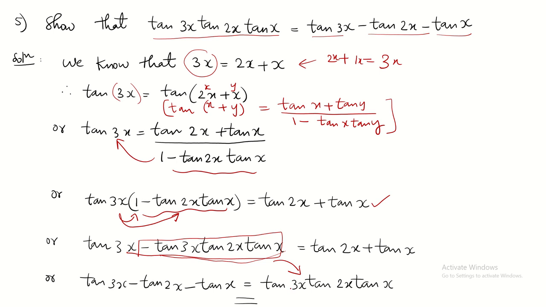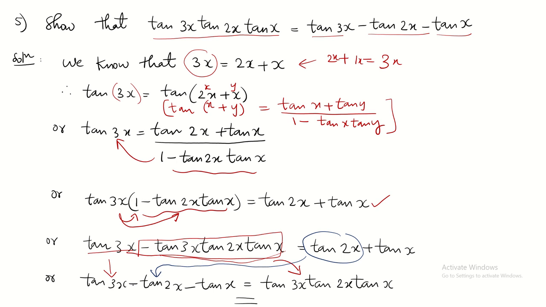So this side it is clear. Now I have to check for tan 3x minus and minus it should be. So here I already have tan 3x. I wrote it here. This plus tan 2x. This tan 2x, when it comes to the left side, will be minus.